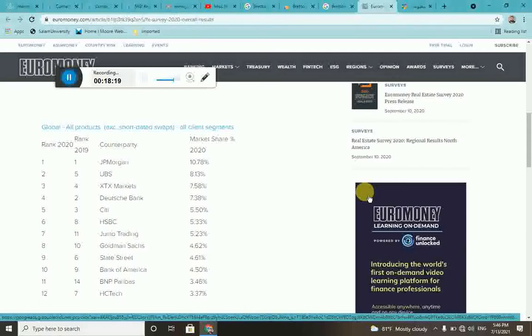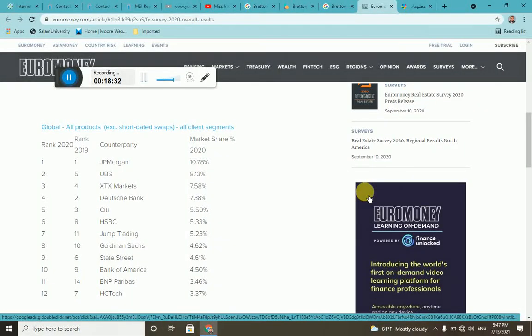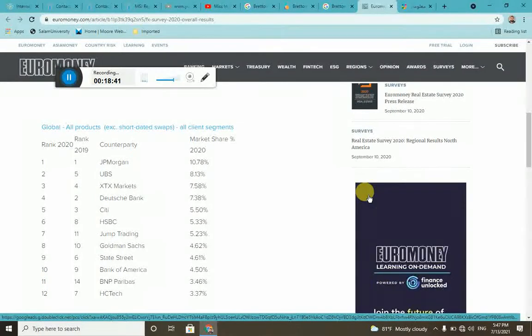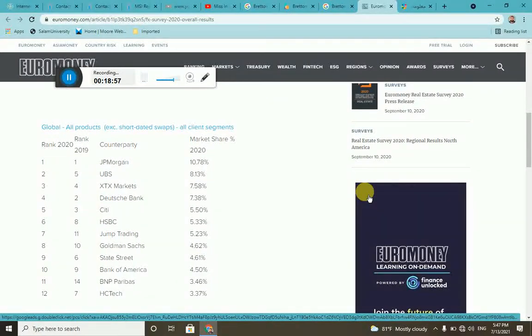We have JP Morgan, we have UBS. JP Morgan has about 10.78% of the foreign exchange transactions. UBS has 8.31%. XTX Markets has 7.5%. Deutsche Bank has 7.3%. Citibank has 5.3% of transactions from that 70%. HSBC has 5.3%. Jump Trading's transactions are about 5.2%.